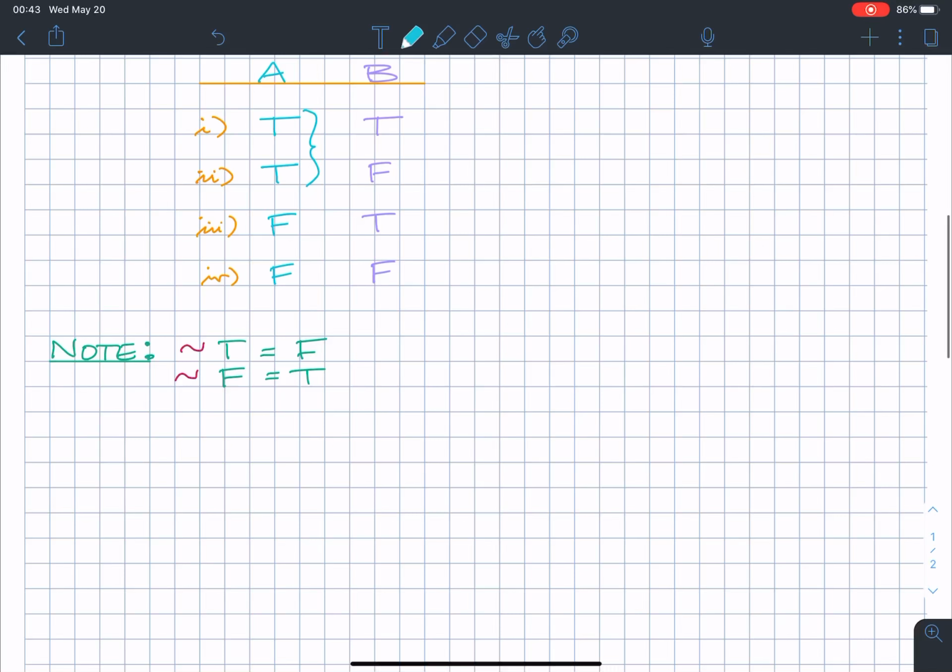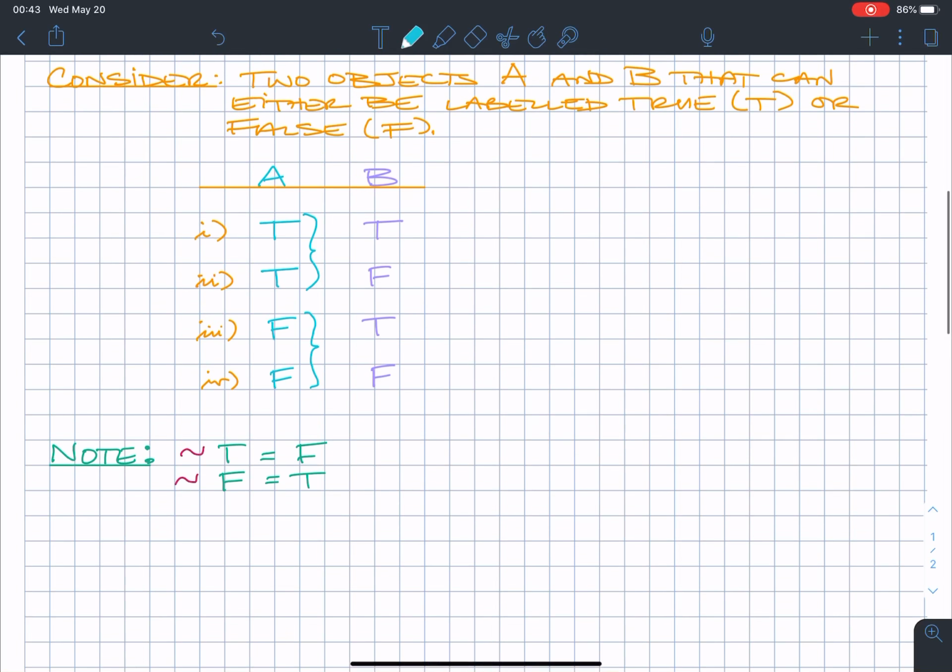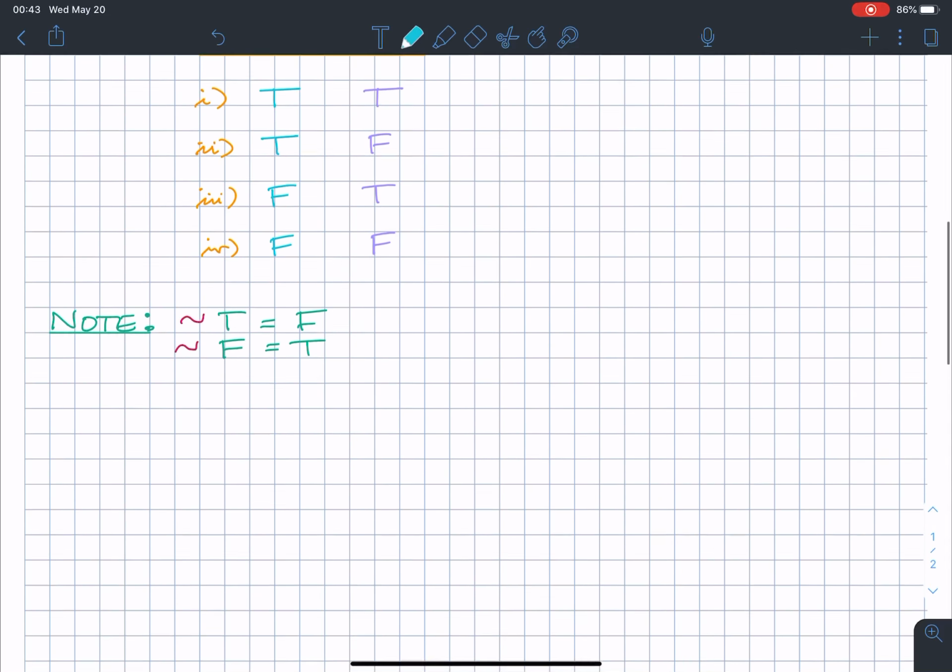So I'm always going to set things up this way. It's just easier. So A will be true, true, false, false. And B is going to be true, false, true, false. So, theorem.